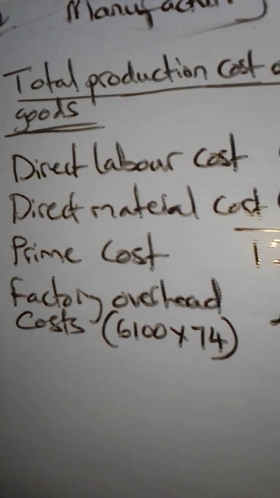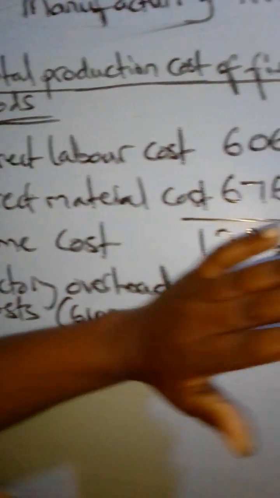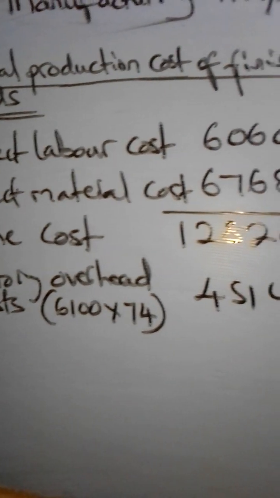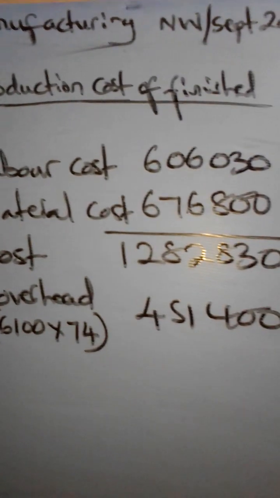So this is how we calculate our total production cost of finished goods. We say direct labor cost plus direct material cost, we get our prime cost. When we get the prime cost, we add the factory overhead cost to get the total production cost of finished goods.